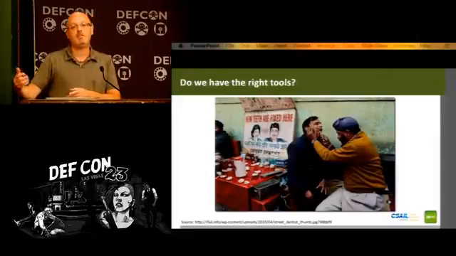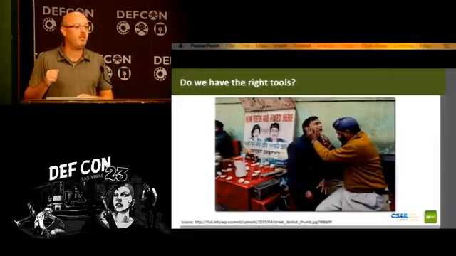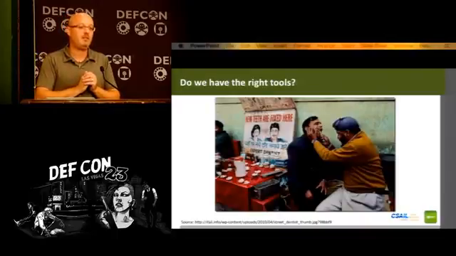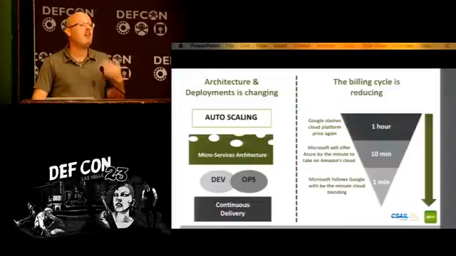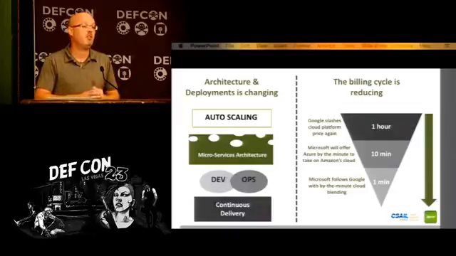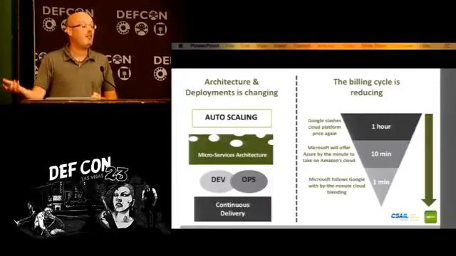We simply haven't adapted security to be good enough for those environments, for the new infrastructure and also the new software development methodologies that are coming. A lot of software development and infrastructure services have changed because of infrastructure as a service.